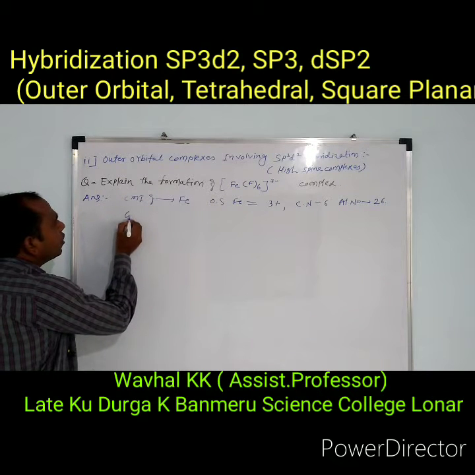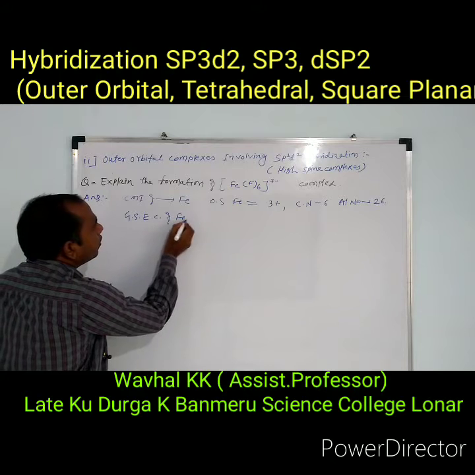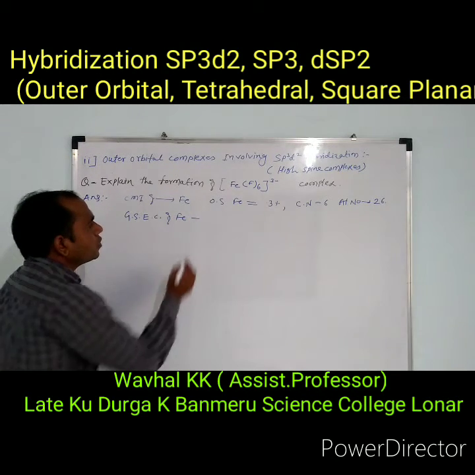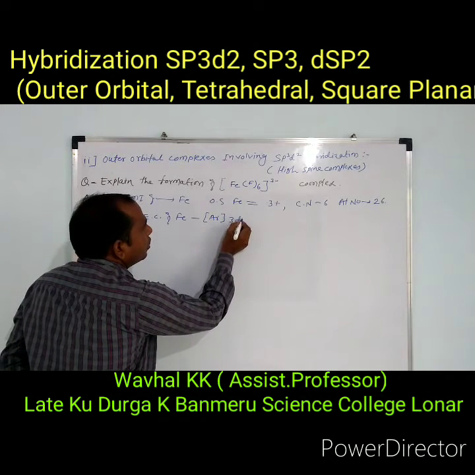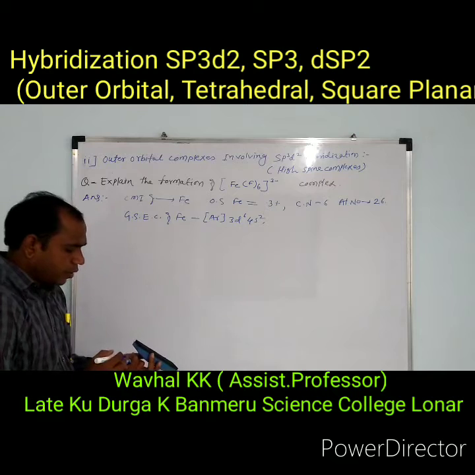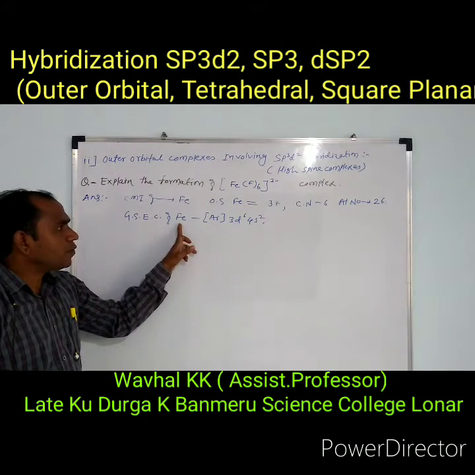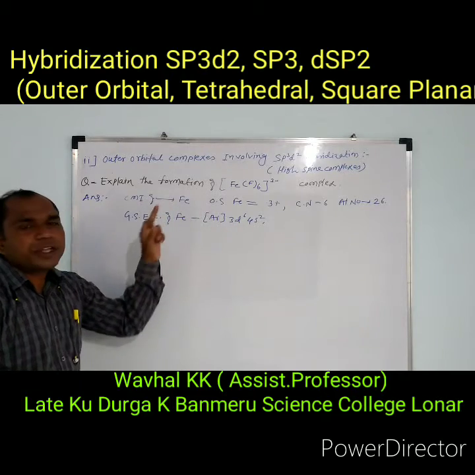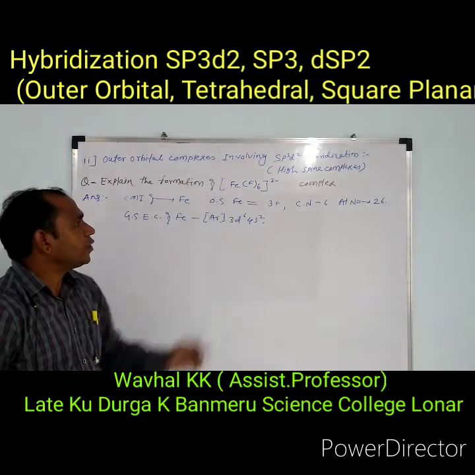Then write down the ground state electronic configuration of Fe: Ar 3d6 4s2. This is the ground state electronic configuration of Fe because 8 valence electrons are present in Fe.